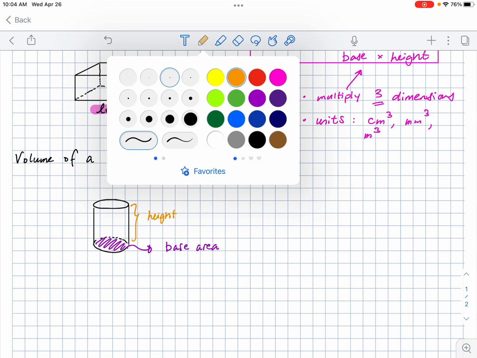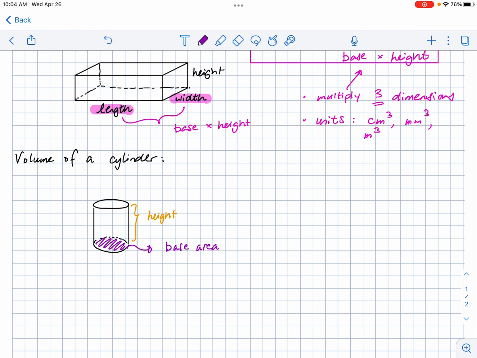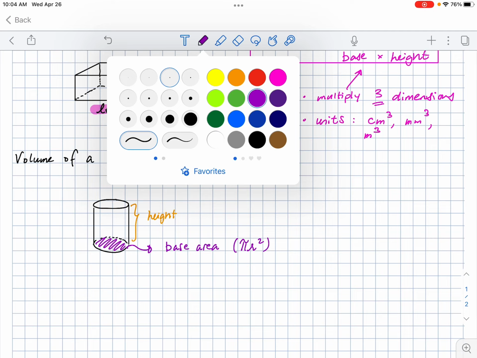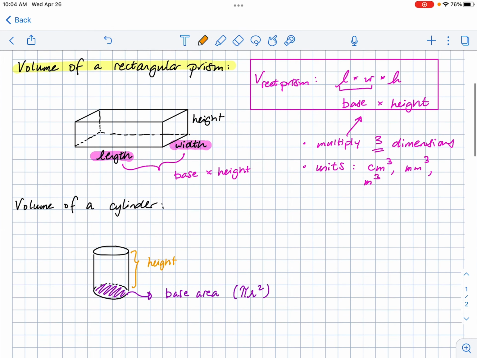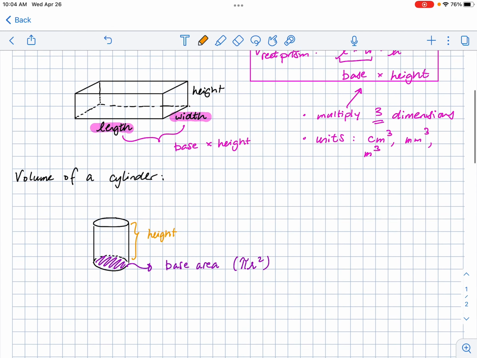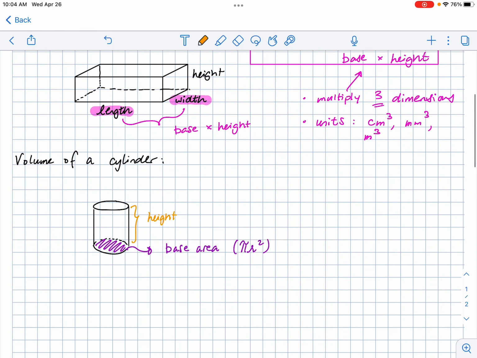We know from previous lessons dealing with a circle that the base area is pi r squared, because the area of a circle formula is pi r squared. We gave h as the height in the volume of a rectangular prism formula, so we're going to give h as the height here.